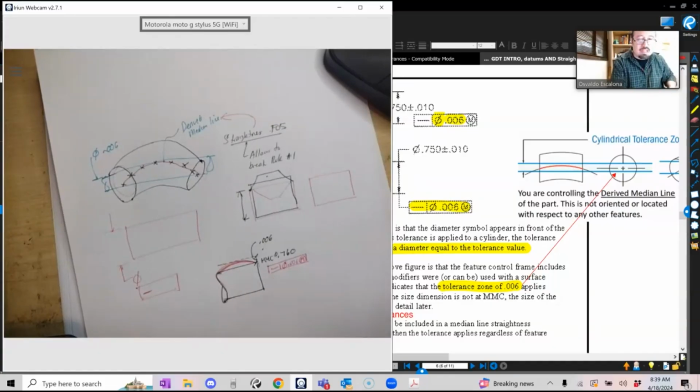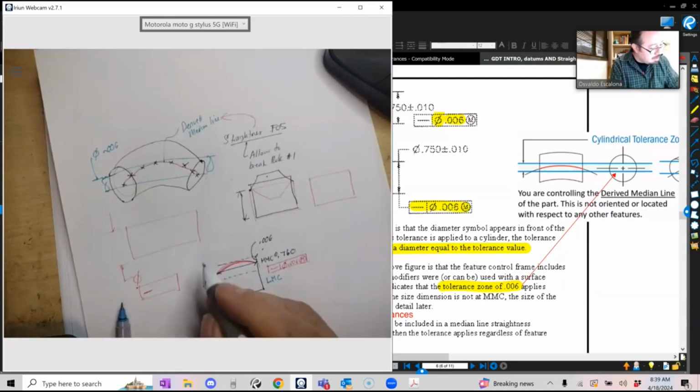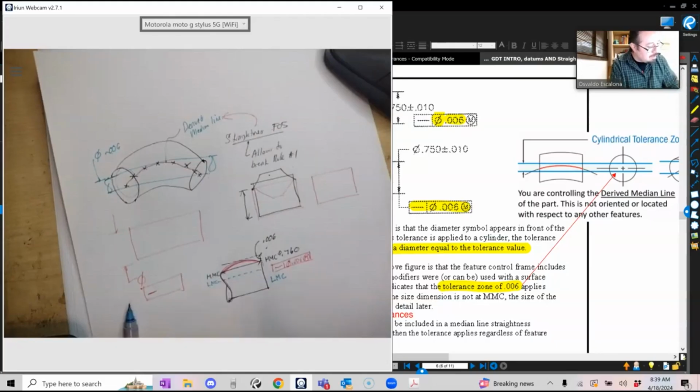Well, keep in mind that in this part you also have an LMC. Maybe your part did not come up to the MMC, maybe it came over here to the LMC. Again, this is LMC. This is MMC. And this is the variation that I give you within my feature control frame.